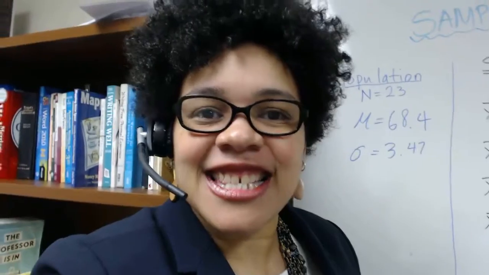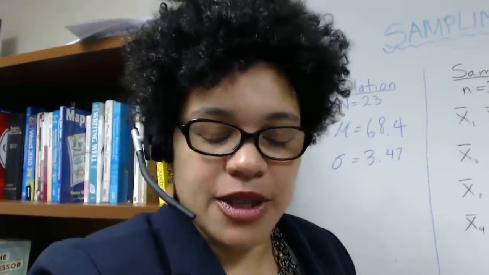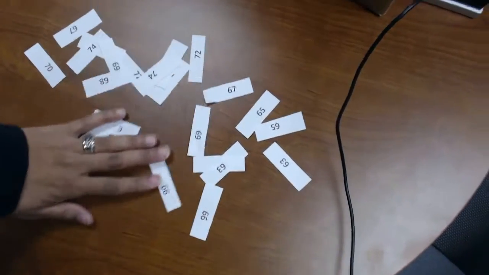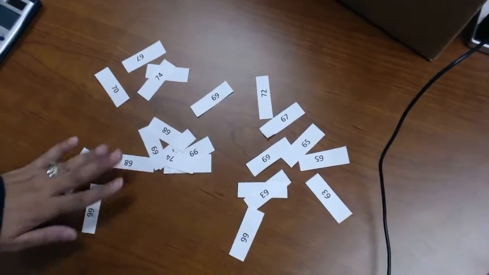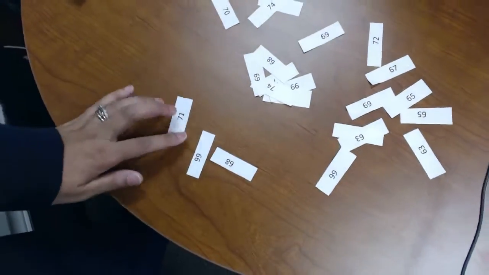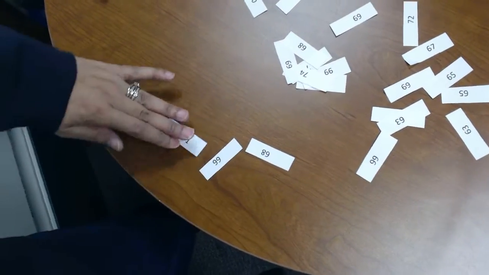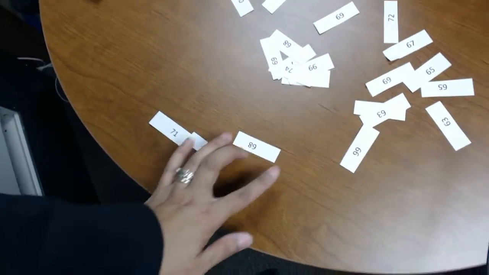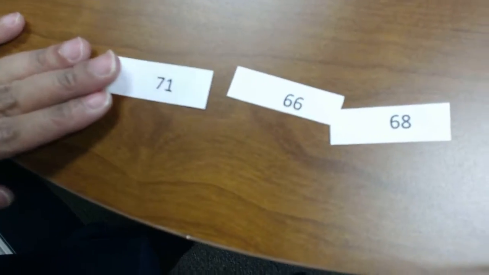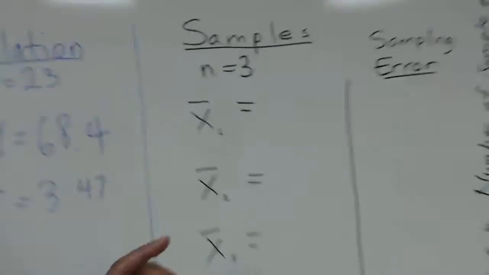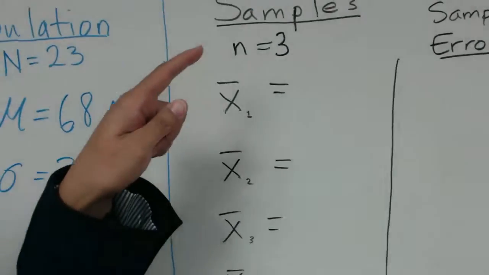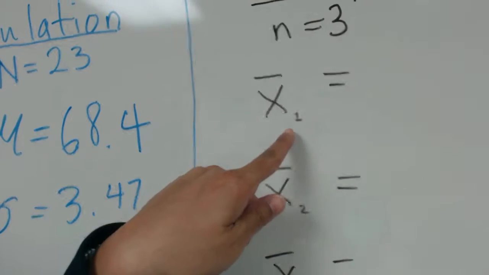Next, let's take some samples from this population. So we're going to randomly grab 3 heights. This is my first sample. I'm going to assume that's 66 and not 99. I drew 3 heights, and this is my first sample, x sub 1.